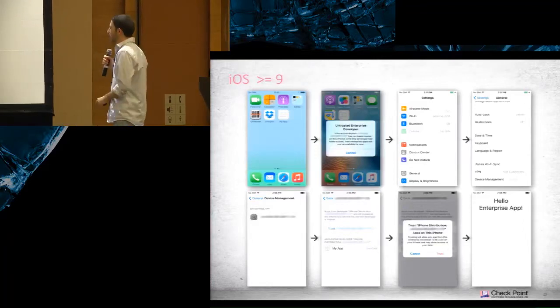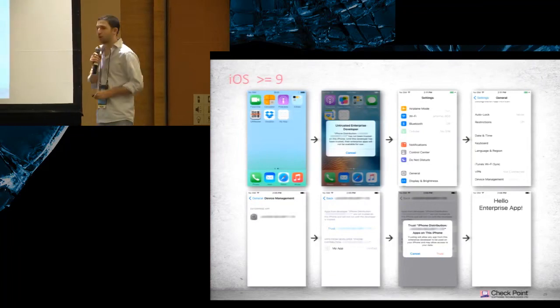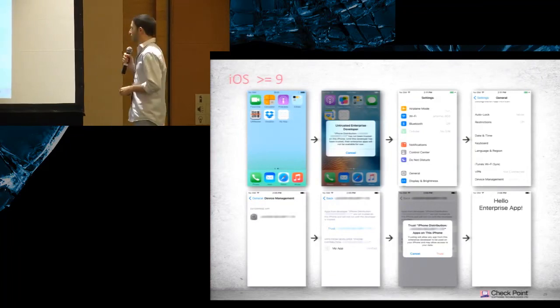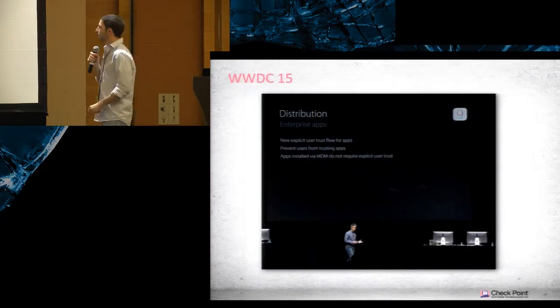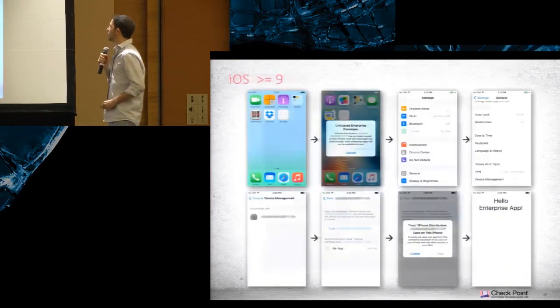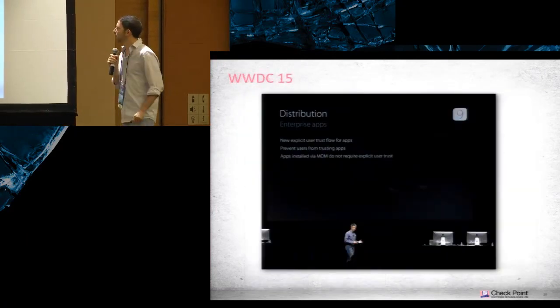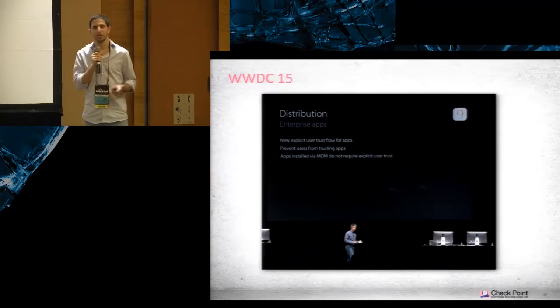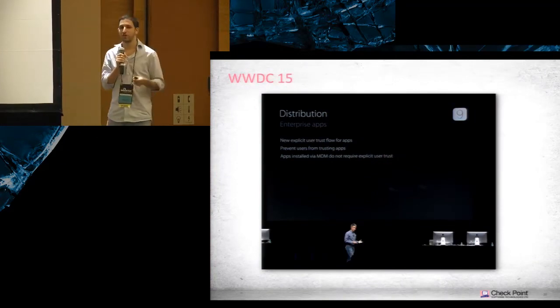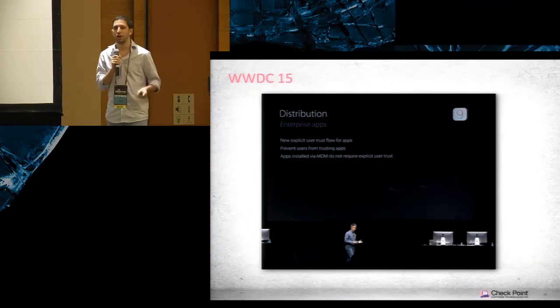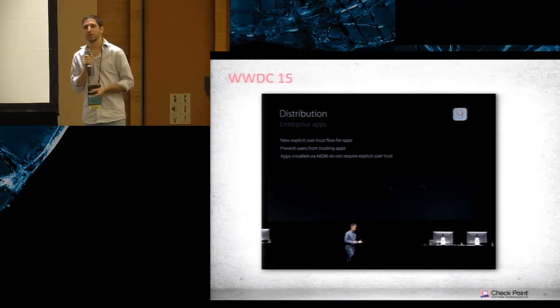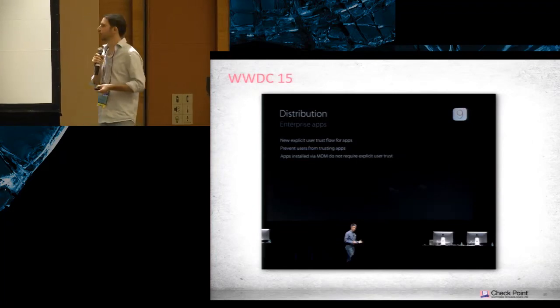So Apple left a loophole. What they said is that if an app is installed through an MDM, it doesn't require any user trust. It will just work out of the box.